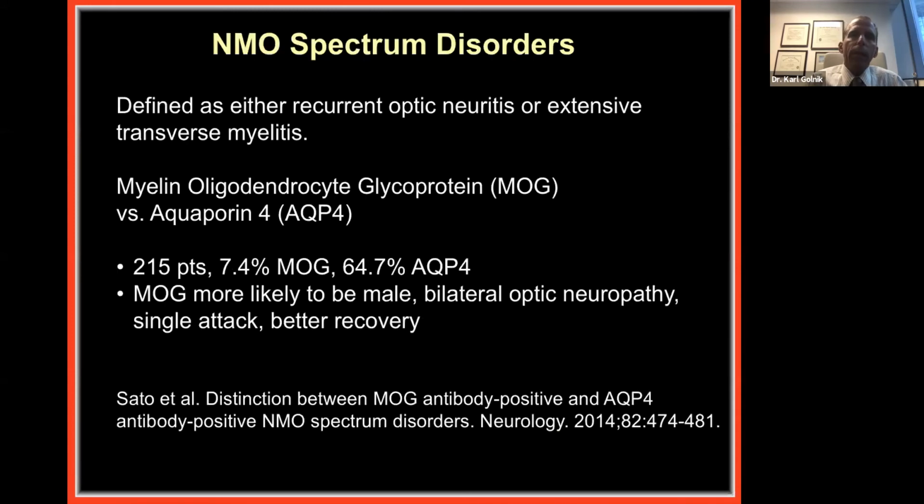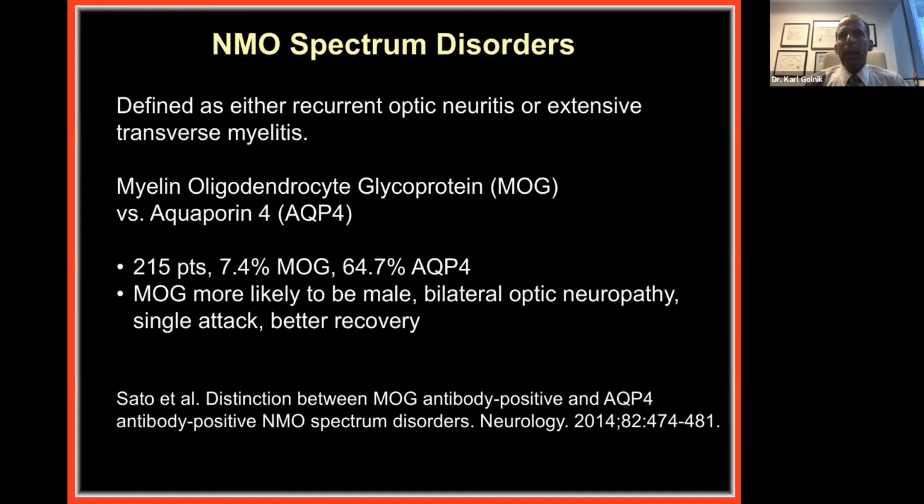And so this brings up a topic that's fairly new, and that is NMO, neuromyelitis optica, NMO spectrum disorder. So this is defined as either recurrent optic neuritis or extensive transverse myelitis. These are patients who don't fit the exact criteria for full-blown neuromyelitis optica.